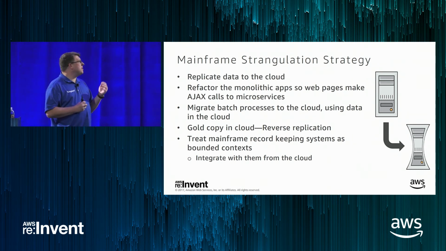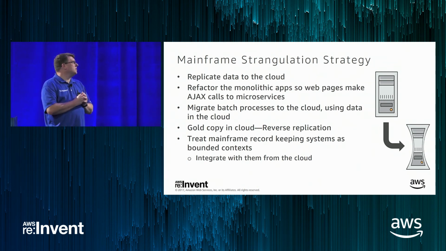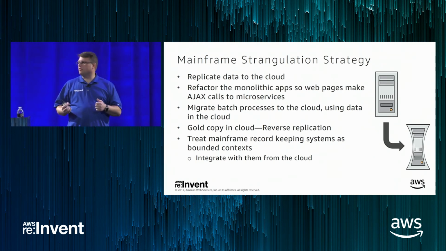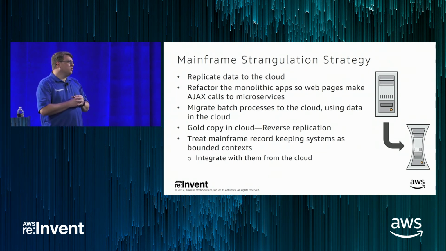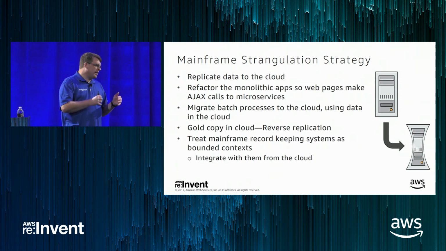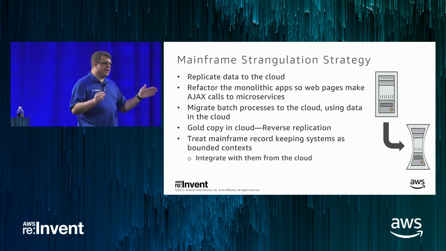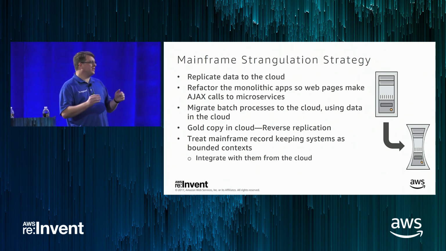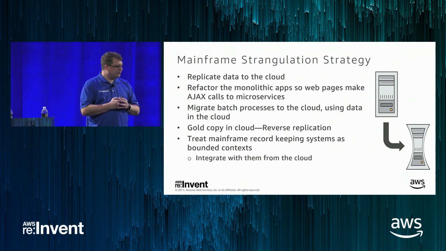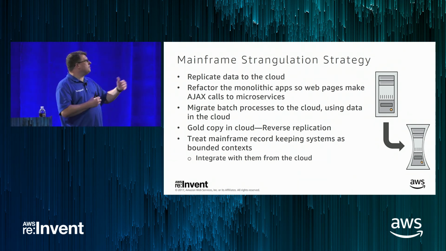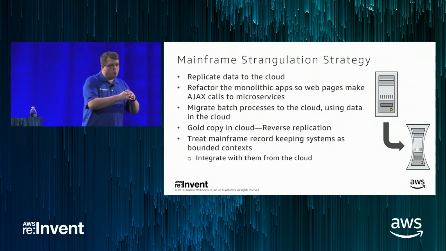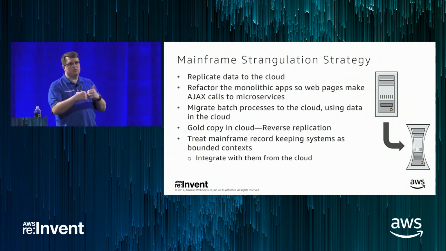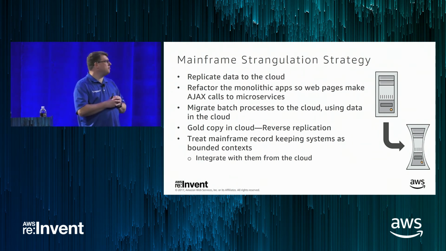In parallel with that, migrate batch processes to the cloud so that the data that is in the cloud now, that we've replicated out there, is used for the batch process instead of DB2 on-prem. We're looking at the kinds of batch processes that we have that operate within a single bounded context. Once we start to move batch processes out to the cloud, some of those will require orchestration type services that work across multiple microservices in order to perform those types of operations.